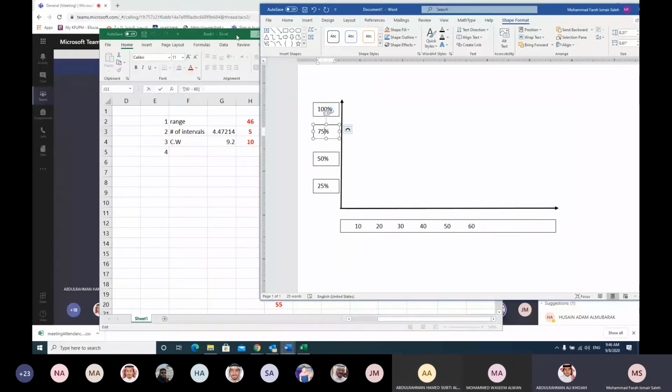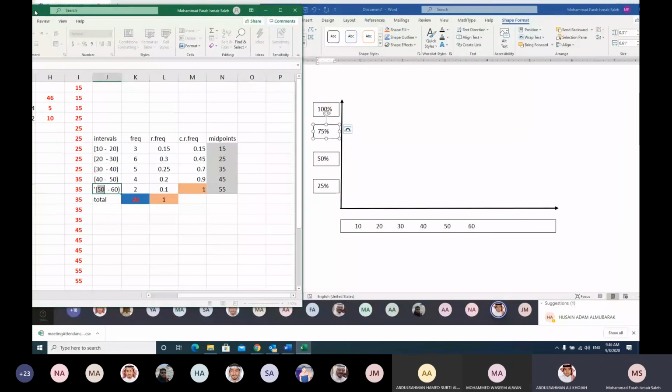Now we almost finish; we almost draw the graph.